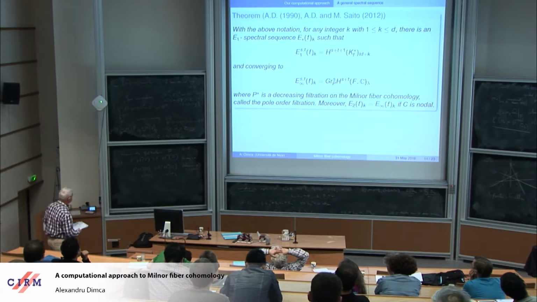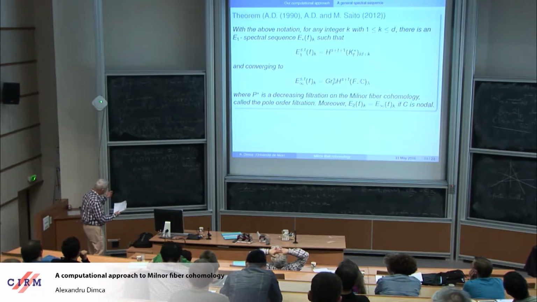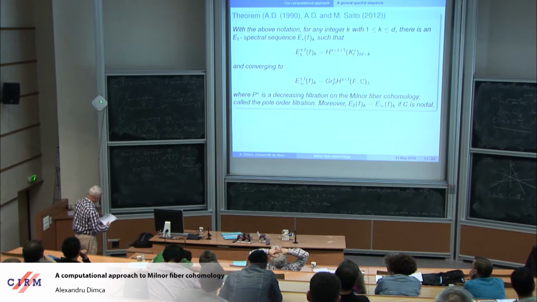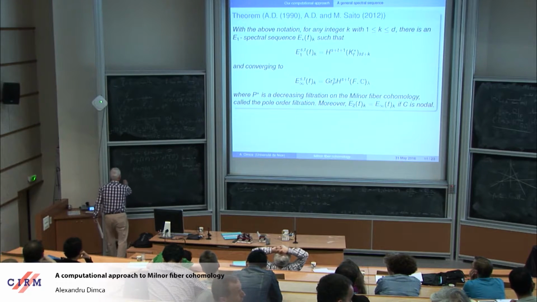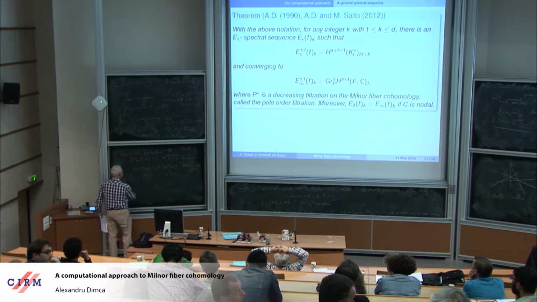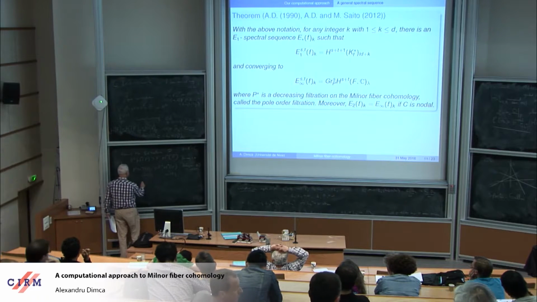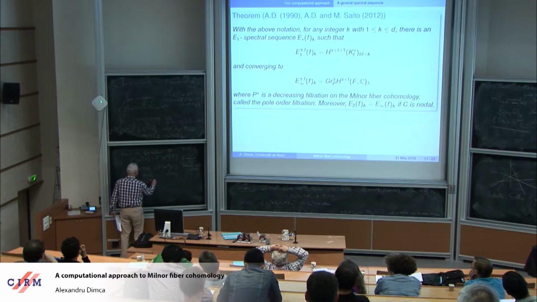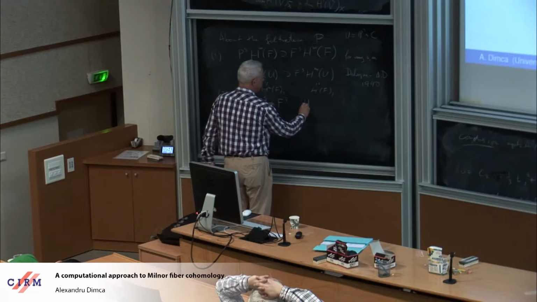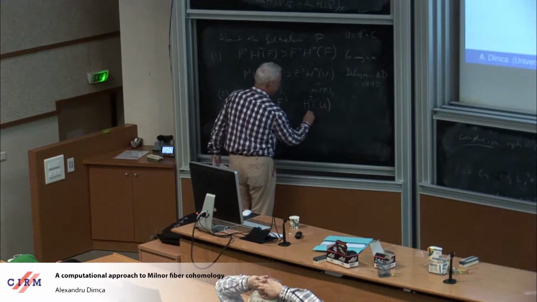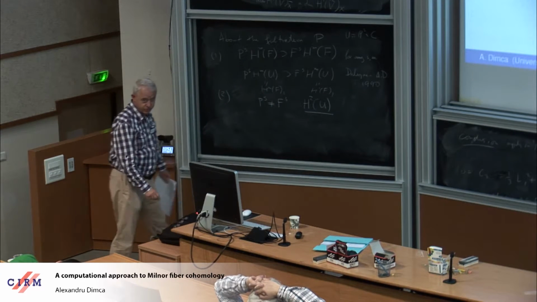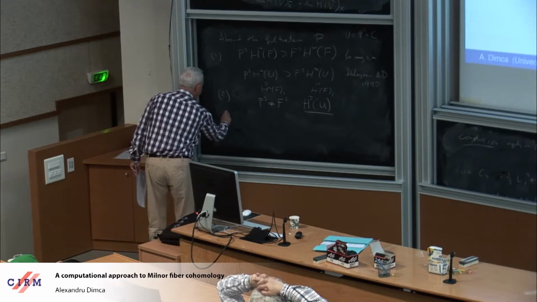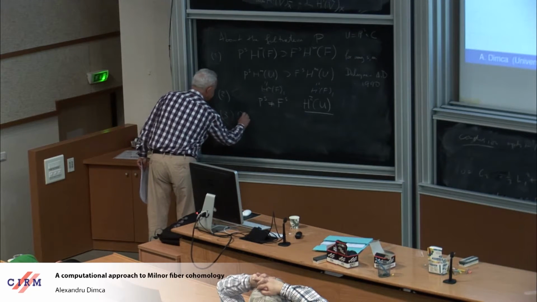And somehow it was used by me and other people to obtain information on the Alexander polynomial of plane curves, but with a different approach, not with the approach I'm presenting you today. And so the second observation is that even in this very simple setting, the two filtrations are distinct if we look at H2 on U. We have an example in the papers, and an open question.